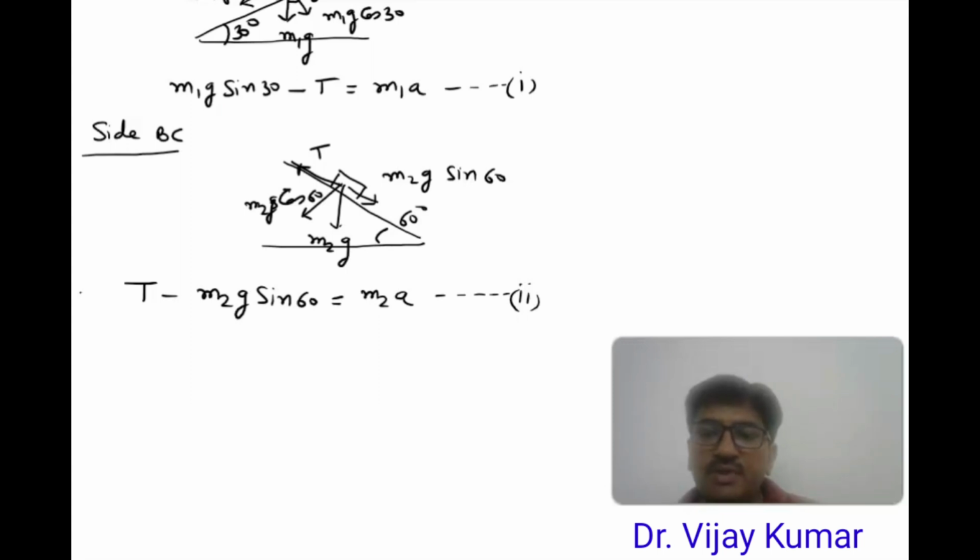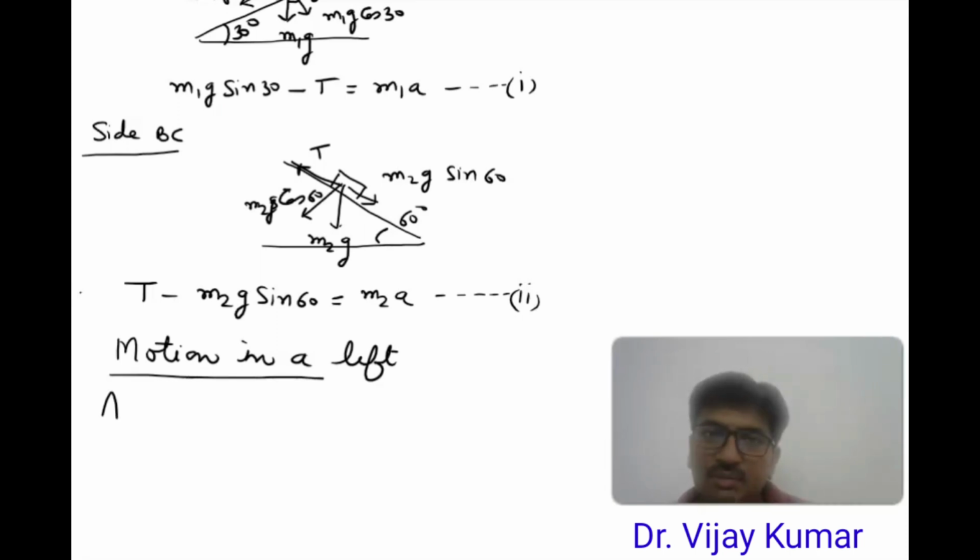Weighing machine. When we measure the weight of a person, the weighing machine does not measure the actual weight. It actually measures the normal force on the person. Suppose we take the case of motion inside a lift, and the lift is moving unaccelerated.